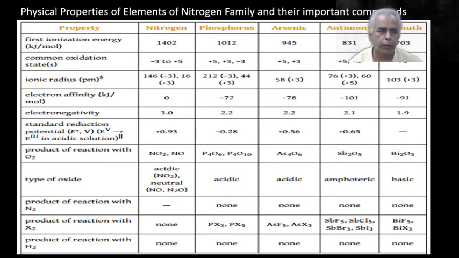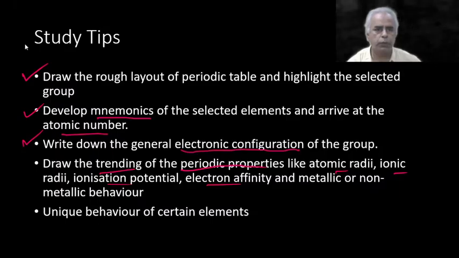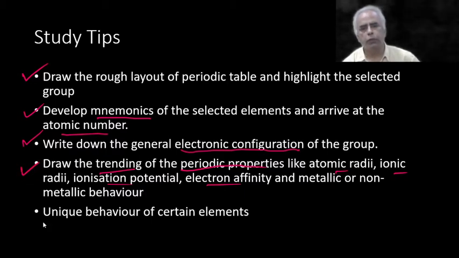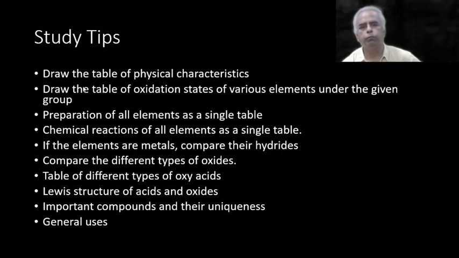Okay, and then now let us proceed with the next one. Unique behavior of certain elements can be mentioned. For example, anomalous behavior, lanthanide contraction in the case of f block elements. All these things should be noted down separately. As I already mentioned, the physical properties should be tabulated.